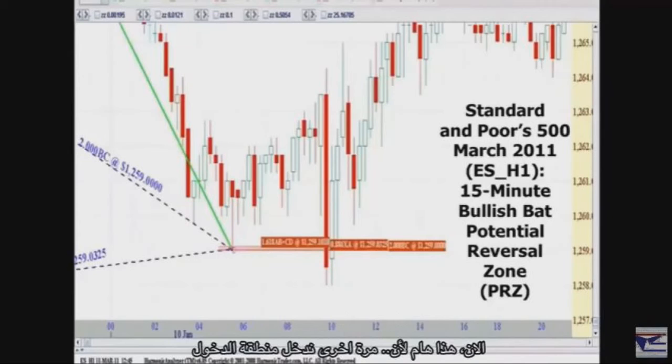Now, this is important because, again, we will get into execution types, but although this structure required two tests, here's the first test, again, a type 1 reversal. Then we have a secondary test, type 2. It found distinct support in this area.